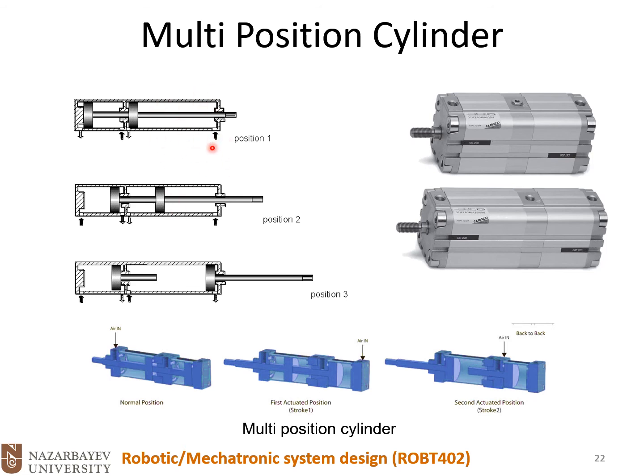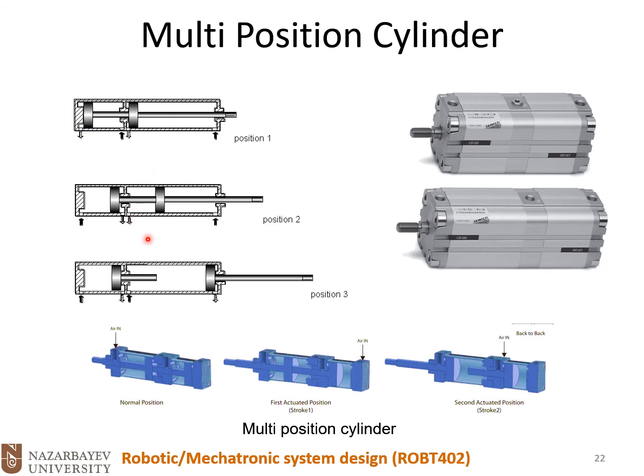So you see the black one is the high pressure port, and the shallow arrow shows us a low pressure port.